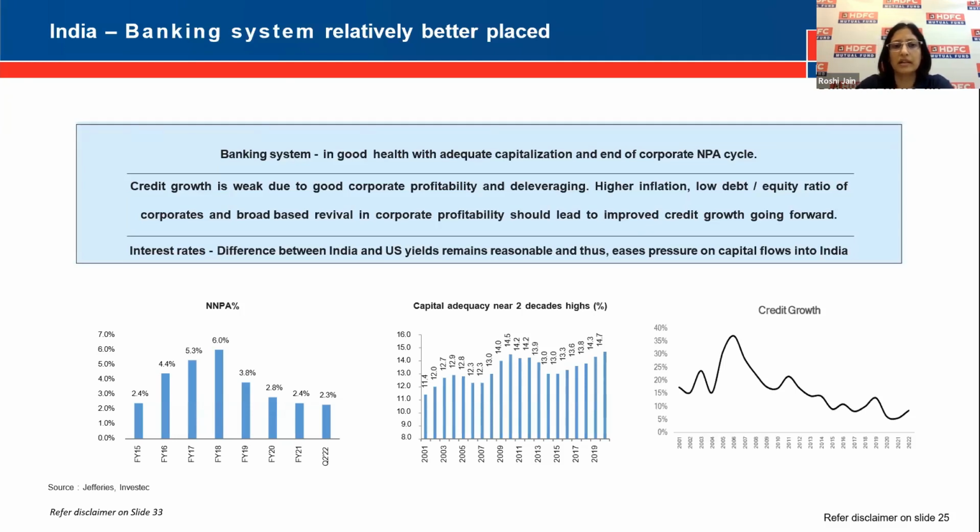As you can see, the net NPAs of the banking system peaked somewhere in 18, and we are now on a downward trajectory. Capital adequacy, which is basically the raw material basis which banks lend, is also in pretty healthy shape. Capital adequacy is near a 2-decade high.